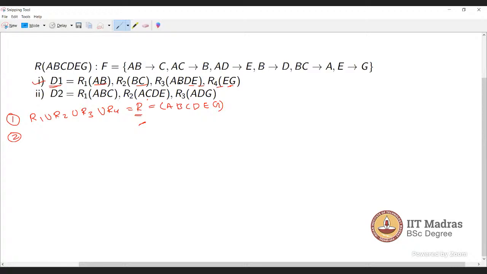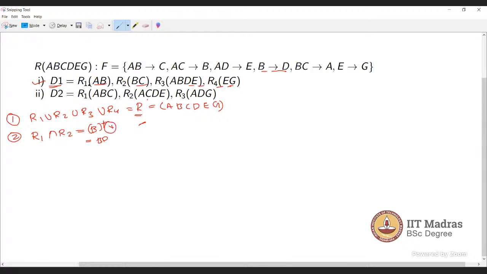R1, R2, R3, anything, right? From R1 and R2 we can get B. Now we have to check if B is a primary key or not. If we take the closure of B, are we getting R1 or R2? B, D, right? And from D, I will not get anything, right? So I cannot take this combination.